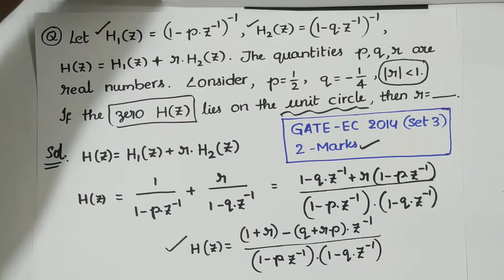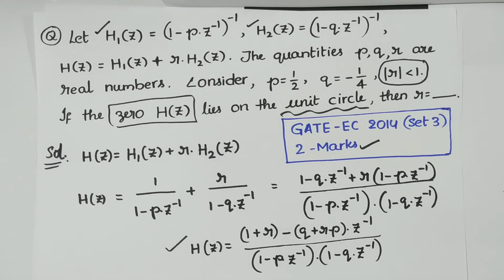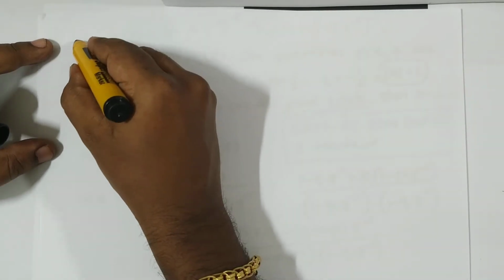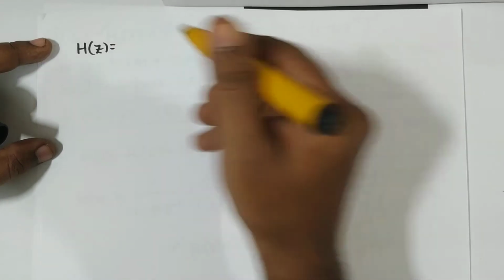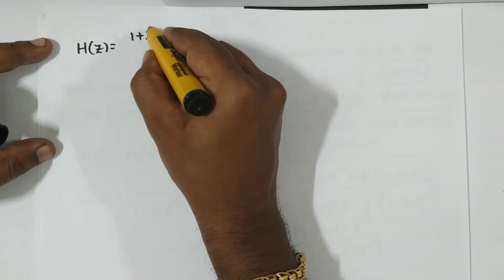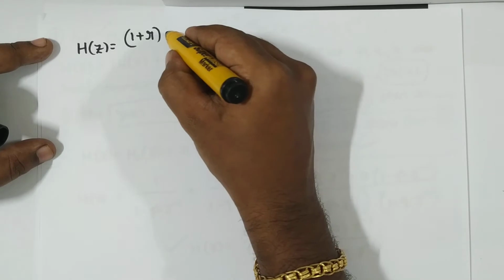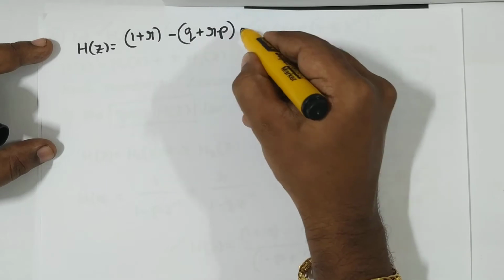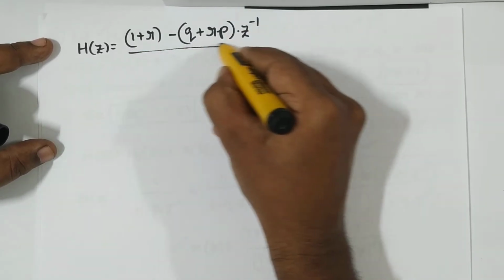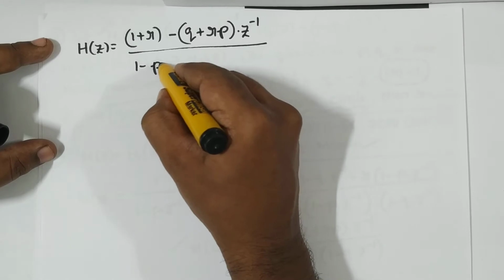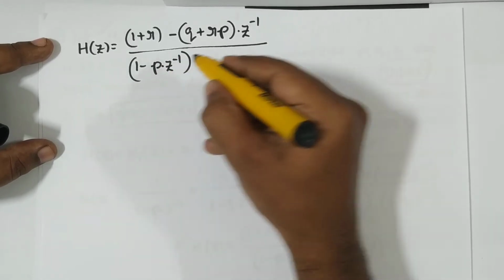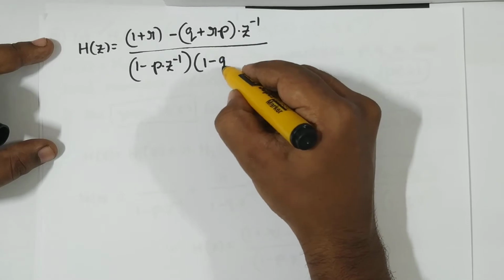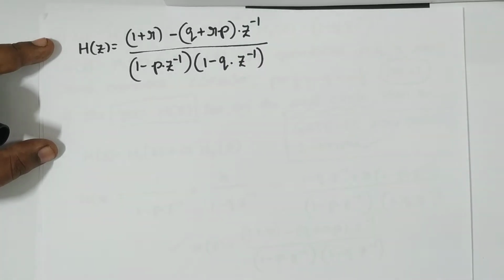Okay, now let me go to the next page, and let us revisit the same form, that is H of z, the obtained form. We have 1 plus r minus (q plus rp) z power minus 1, divided by 1 minus p z power minus 1 multiplied by 1 minus q z power minus 1.